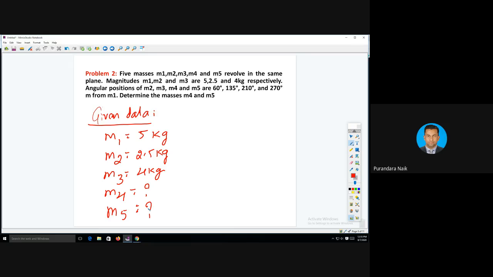If you consider different radii for different masses, then you cannot solve the problem, because everything will be unknown. In the tabular column, every value will be unknown, so you cannot solve the problem.